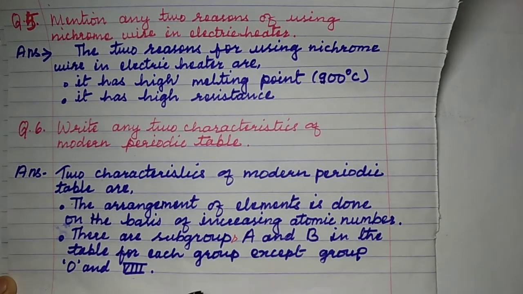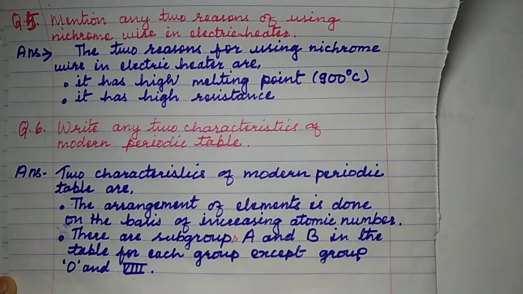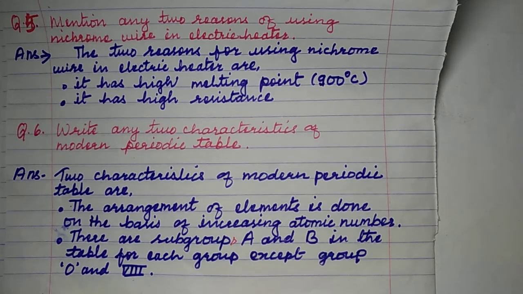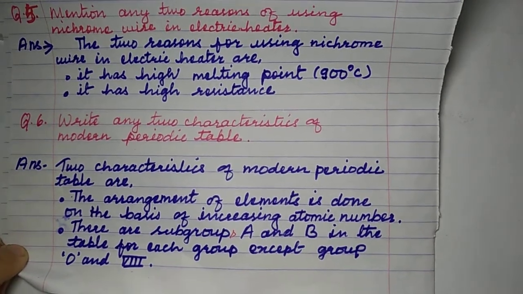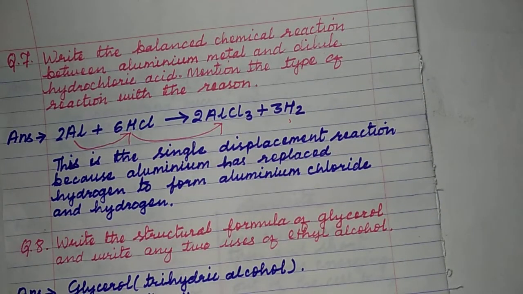So elements are divided into subgroups A and B except in group 0 and group 8. So these are the two characteristics of the modern periodic table. So with this, we have finished the discussion of group B.